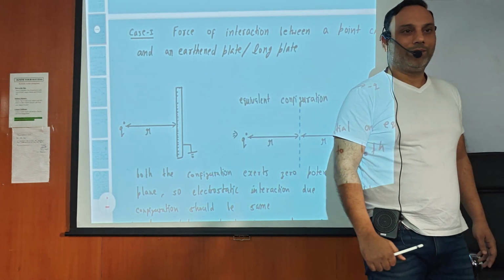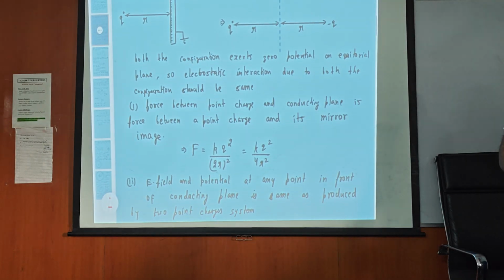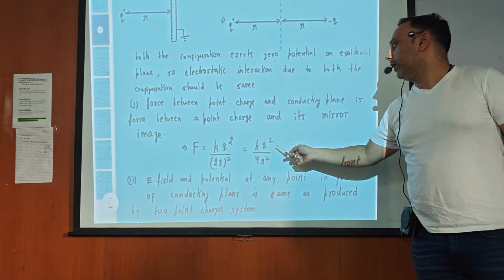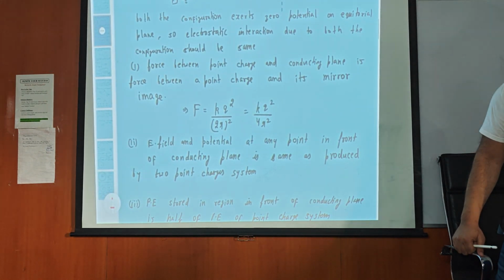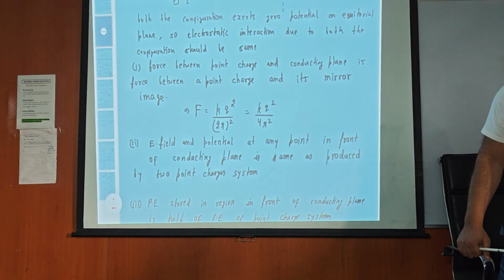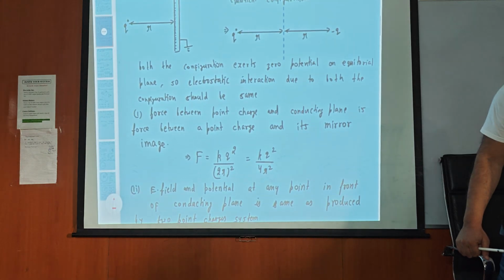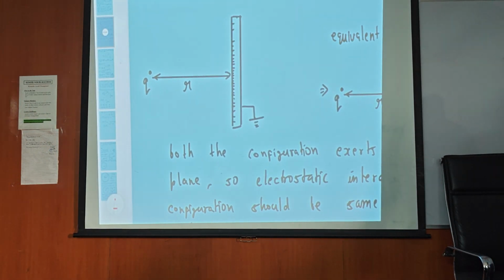Understanding or not? Any confusion? So what I have obtained is how we can find the force, and then the electric field and potential at any point in front of the conducting plane are the same as those produced by the two point charge system.